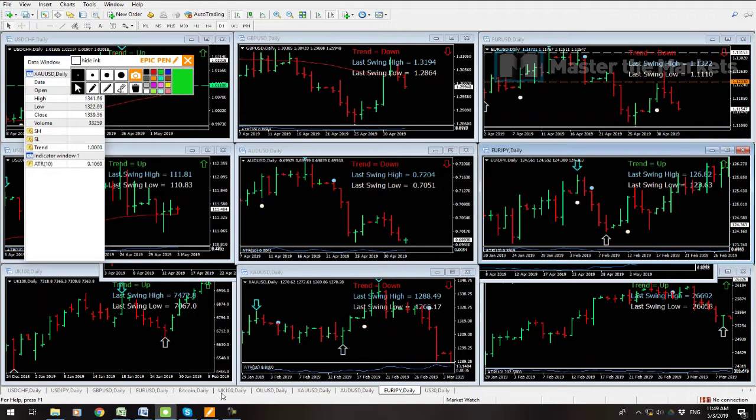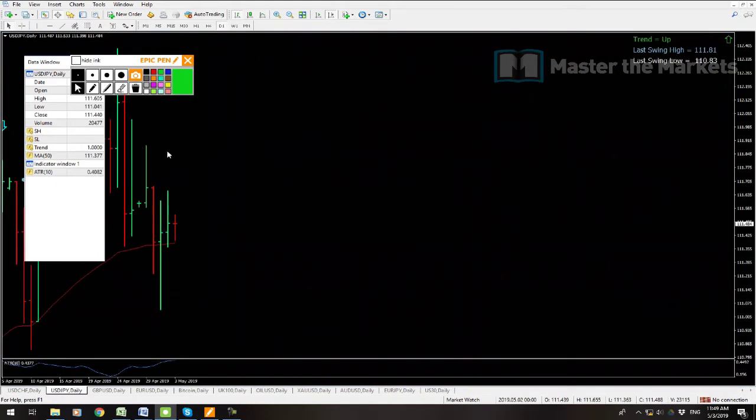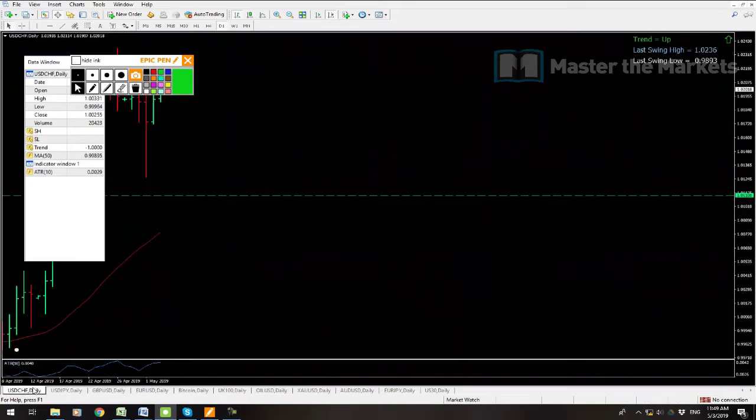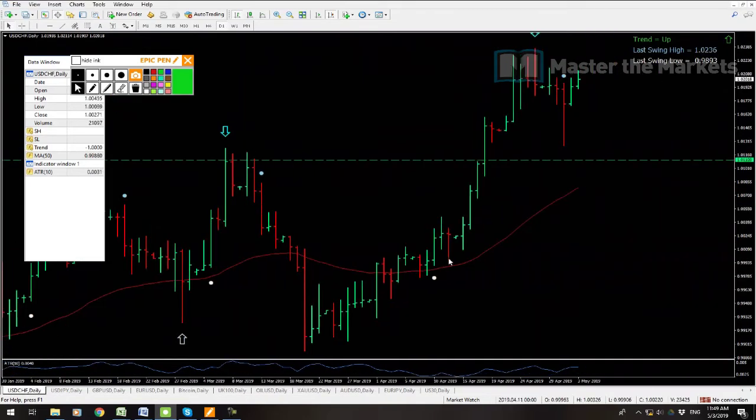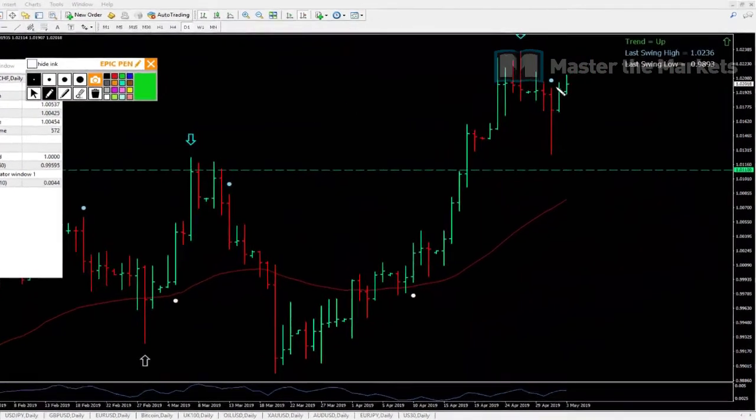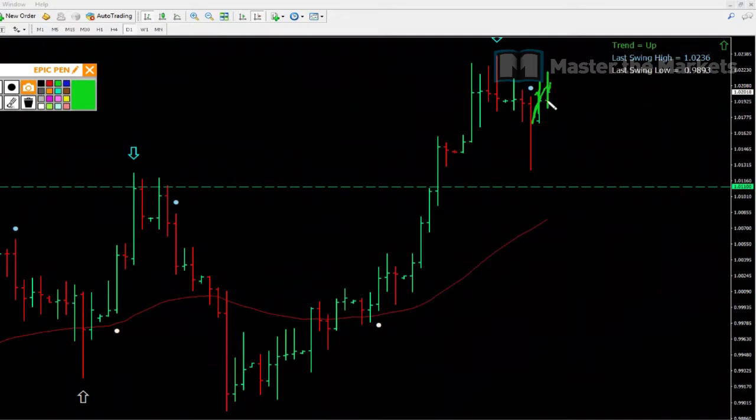Okay, so let's take a look at one of the trades that we were doing this week, which was dollar Swiss. So let's take a look at dollar Swiss over here. Now, if I were to just blank these two bars out, and you can just see that we got only this bar here.